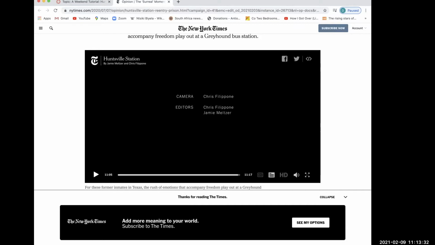So for the first time, these folks were out and there wasn't any barbed wire. So all these metaphors, right? This is why it's important. This is why I leave this stuff here, so you all can go back and study, study, study.